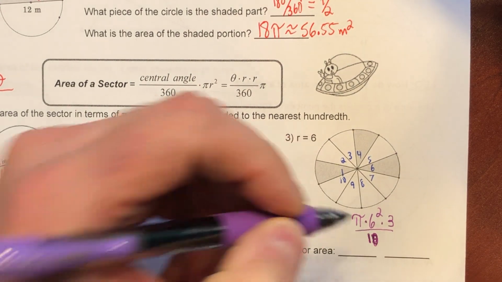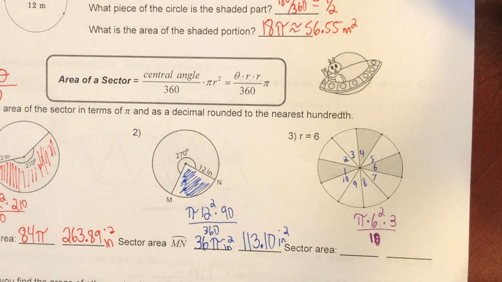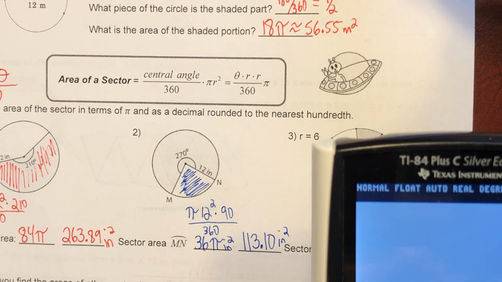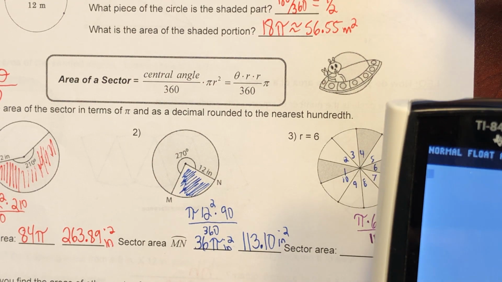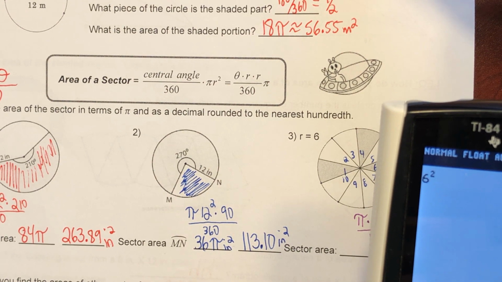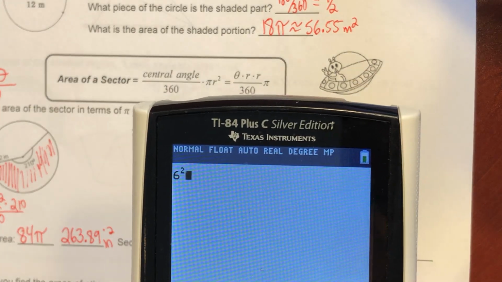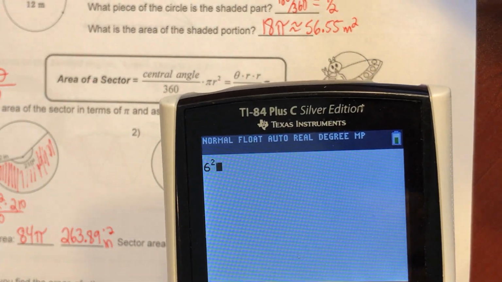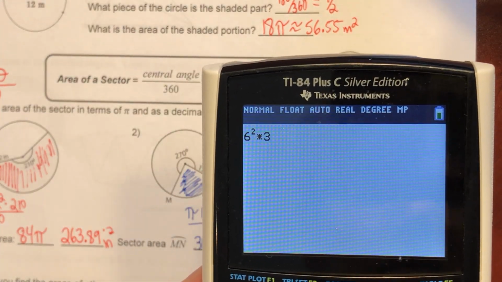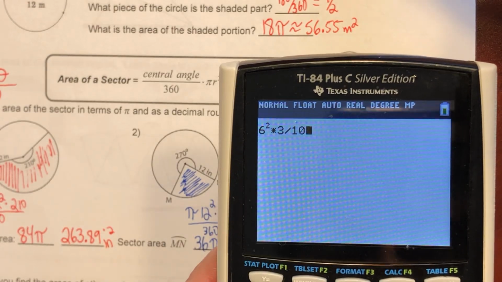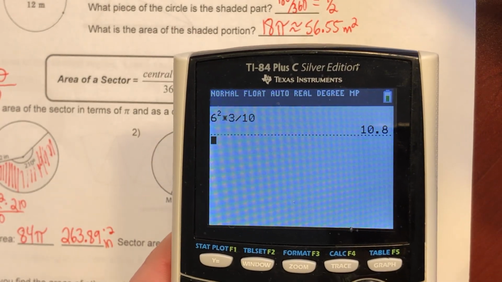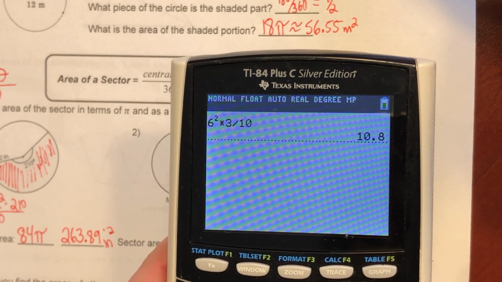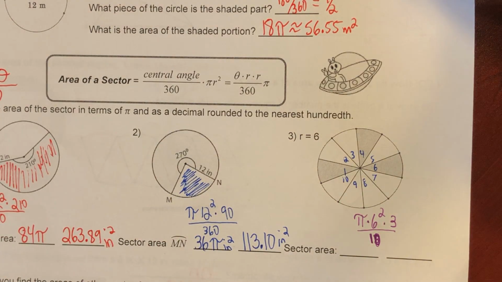There's 10 pieces there. All right? So don't hit the pi button first. So 6 squared, all right, times 3 divided by 10. Enter. I got 10.8. So 10.8 pi.